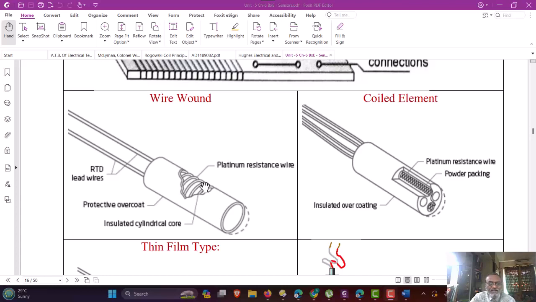Typical construction wound sensor is shown here. On a circular former, cylindrical former, the wire is wound and leads are taken out. Another construction is a coil type of element.